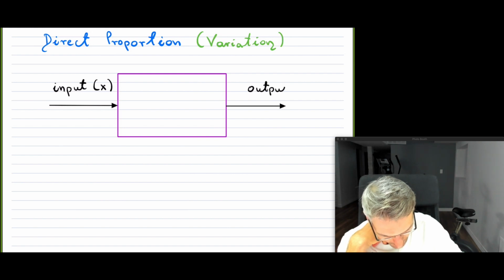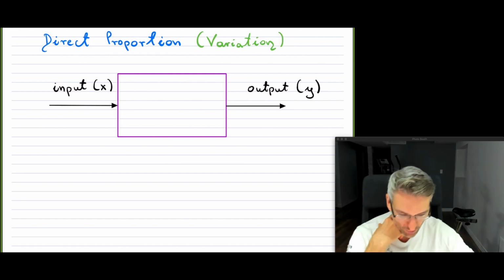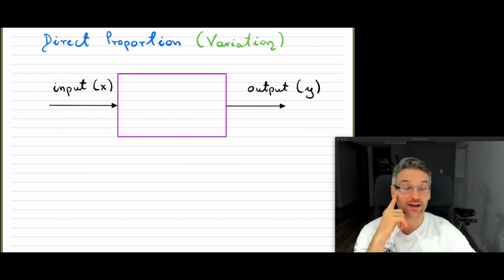For your output, what we like to do in math is designate it with a Y. I don't know the official reasoning behind X and Y. I'm sure there are historical reasons. I'm not the greatest historian of maths, but X and Y are always dominant. So you have an input and an output.